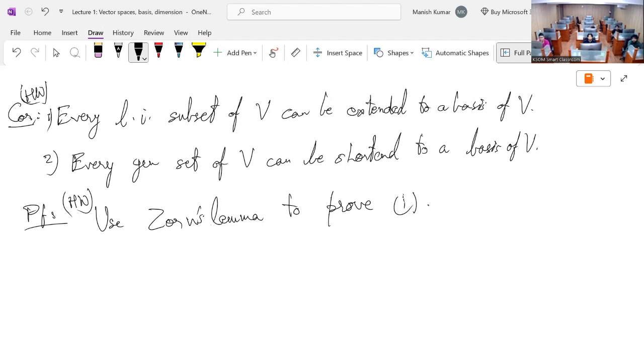Now what we want to do next is show that any two bases have the same cardinality, and that will allow us to define what the dimension of a vector space is.